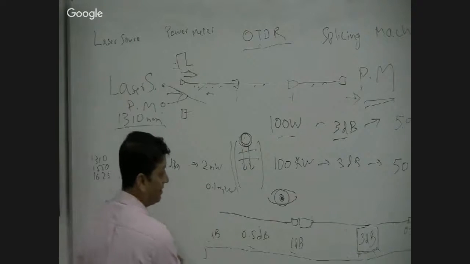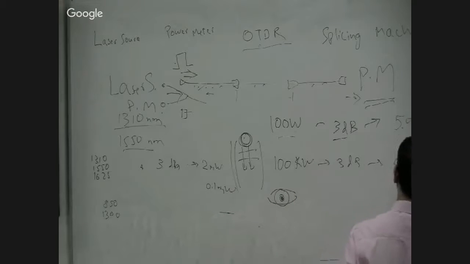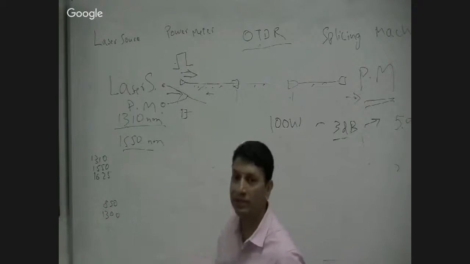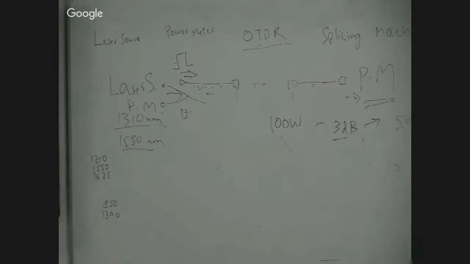Your connector is supposed to be better than 0.2 dB. Whenever you have fiber, you have connectors, so it is supposed to be better than 0.2.